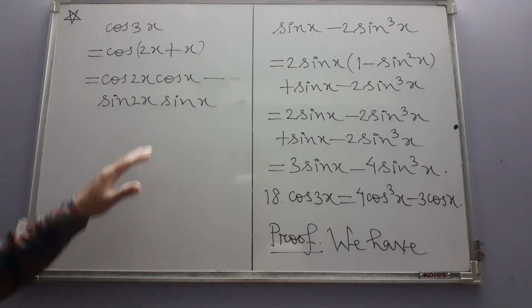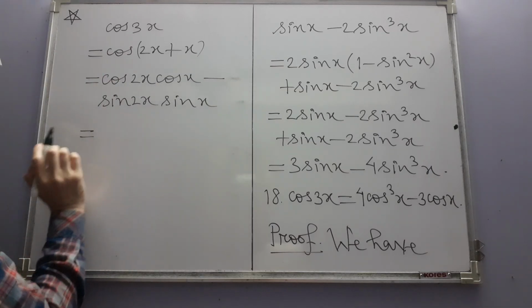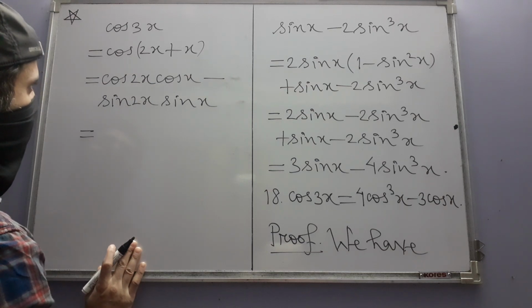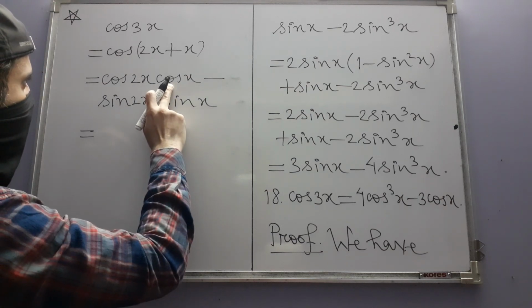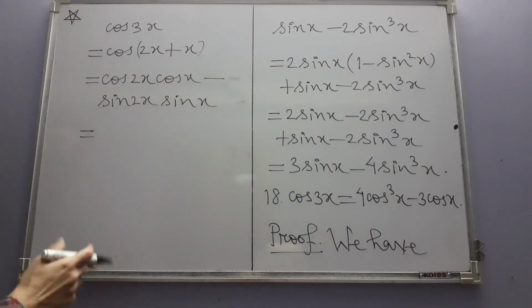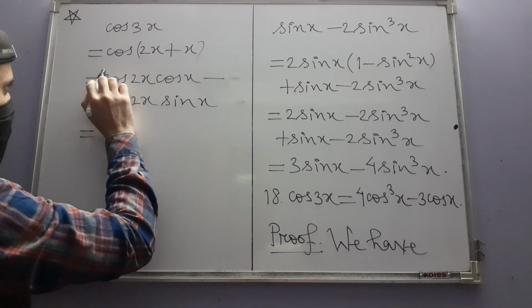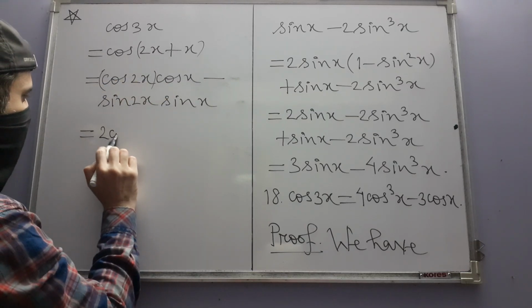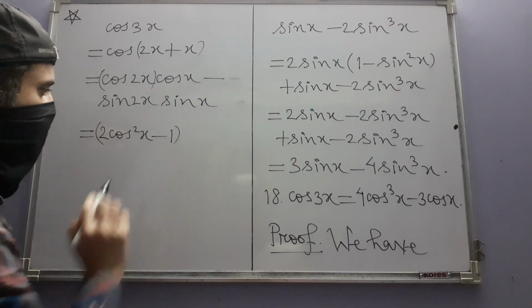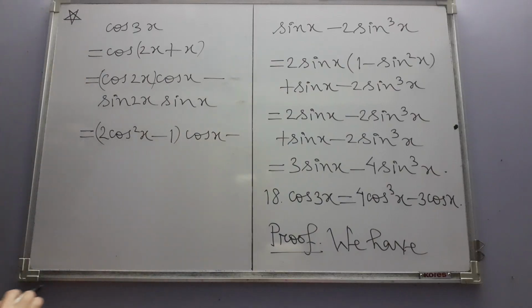And now we will need everything in terms of cos. We do need everything in terms of cos, but okay, so we already have a cos x here. This part, however, we will need to do something. So let's first write in place of cos 2x, its identity involving cosine, 2 cos square x minus 1 times cos x minus.